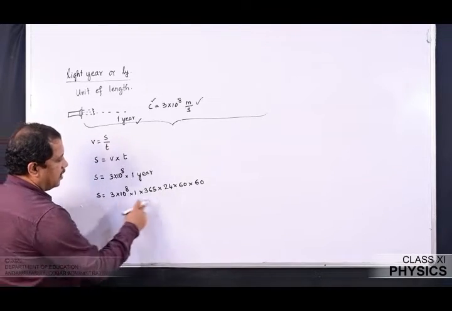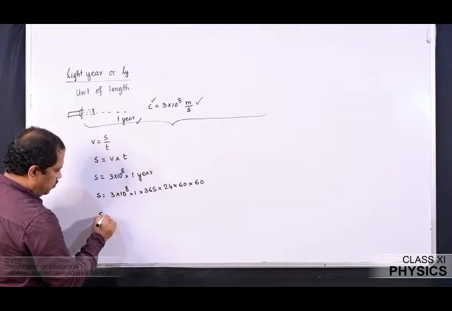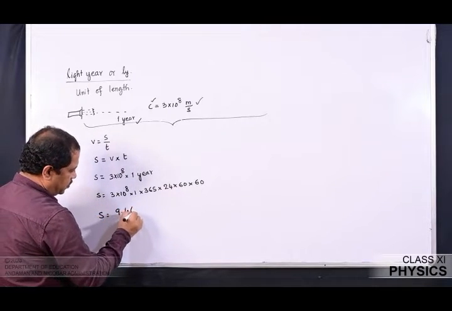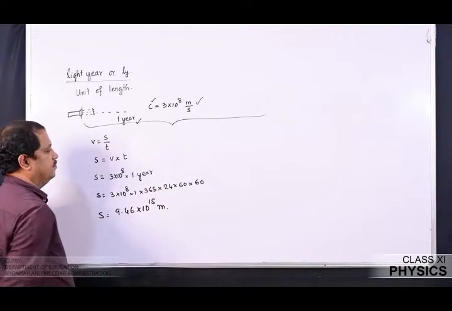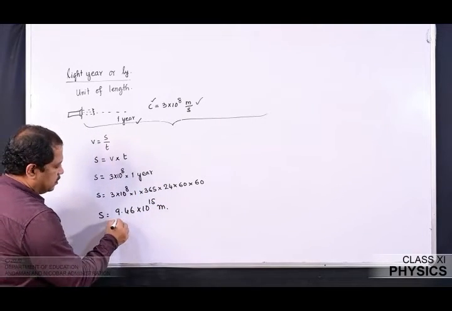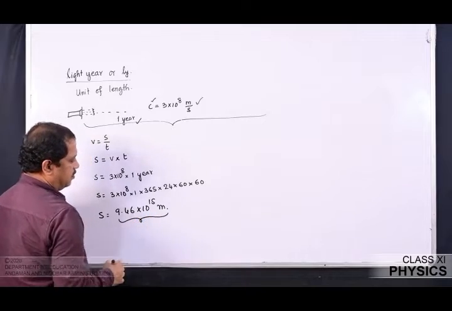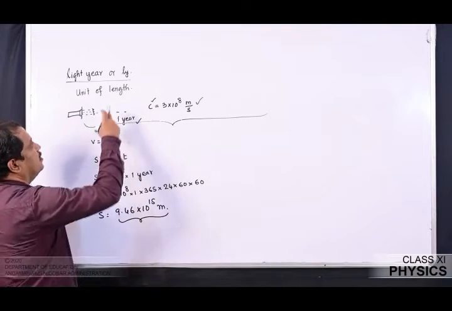If you work out these values, this value would be 9.46 into 10 power 15 meter. So, this much length you call a light year.